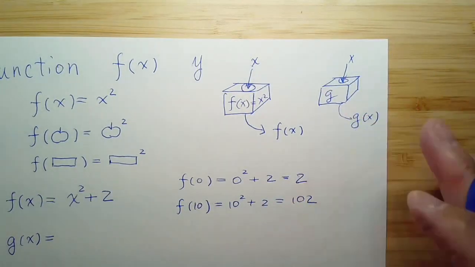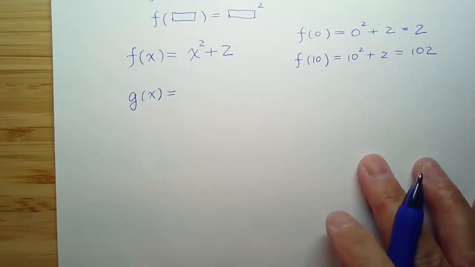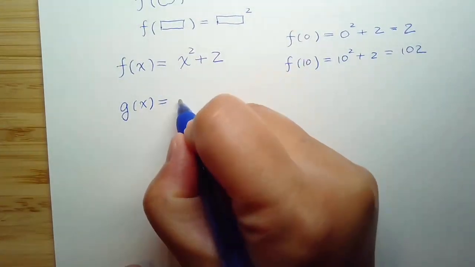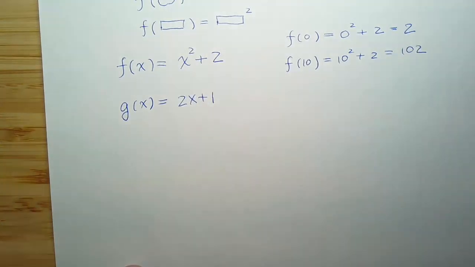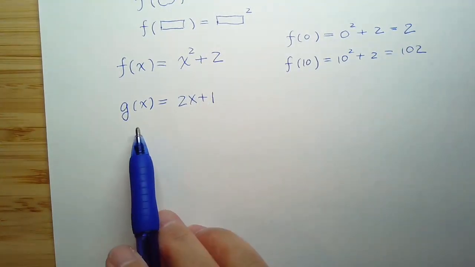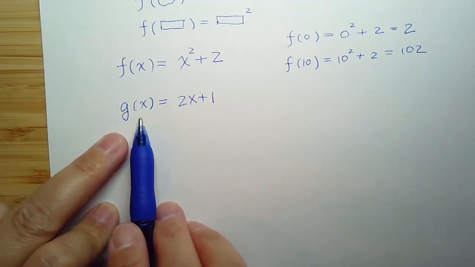Even if I write it as f, because sometimes I just use f and it also means function, okay? It might be a little different. All right, now, this one is 2x plus 1. Okay, so by looking at this, we think this is a magic box.